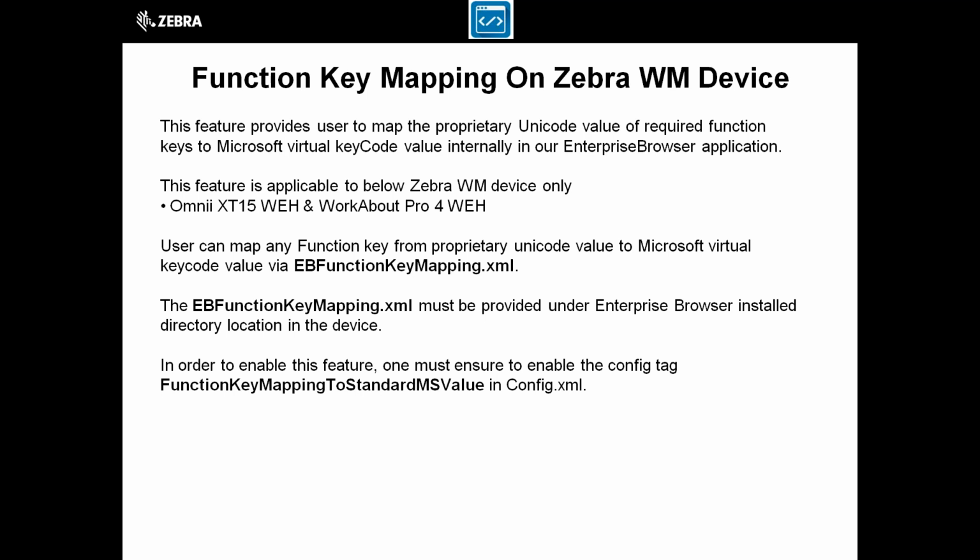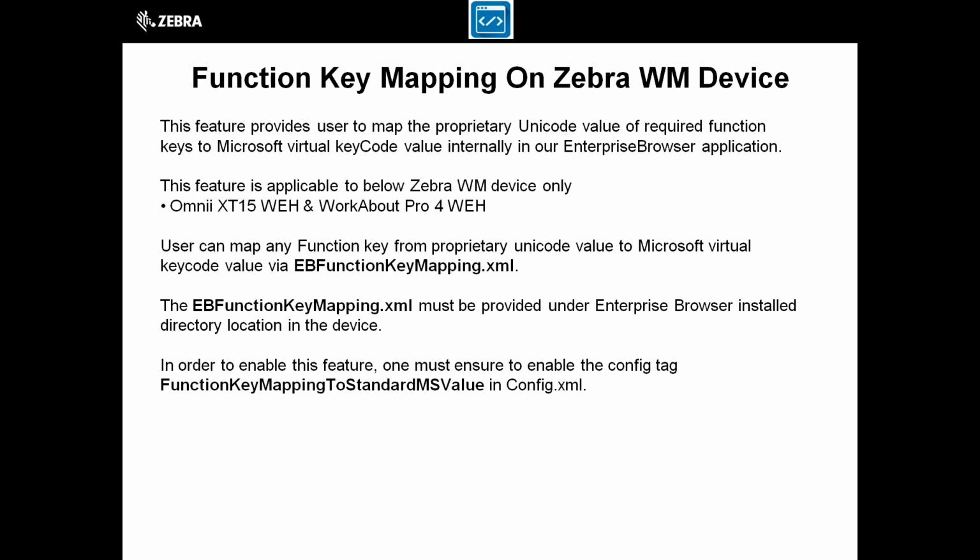In our case, because we are mapping to the Microsoft standard value, it will map to the right Microsoft standard value. So for an example, if this feature is not being used and a user presses, say, the F1 function key in the Enterprise Browser application, the value returned by the underlying layer is different than what we expected, which is 112.